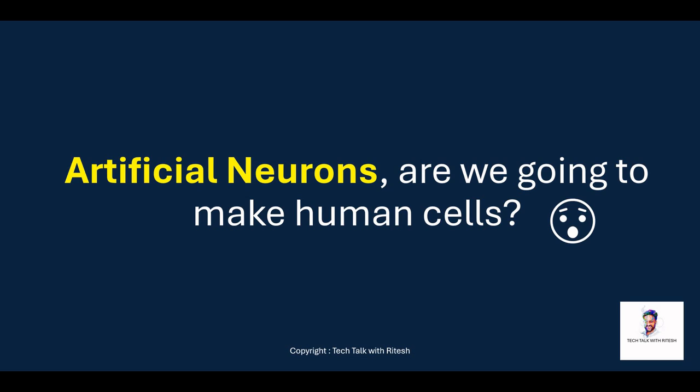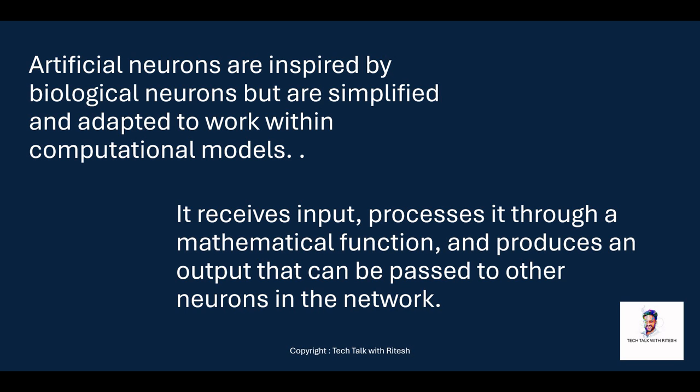So artificial neurons, no, we are not going to make human cells. Like I said, we are just trying to mimic in machines the same thing we have in the human brain. Artificial neurons are inspired by biological neurons but are simplified and adapted to work within computational models.